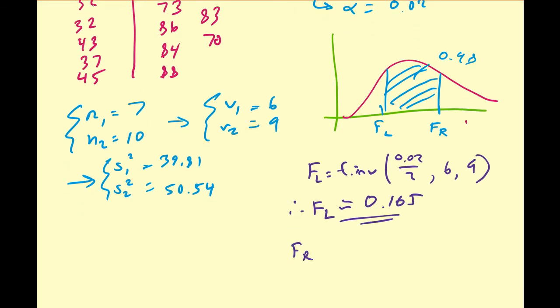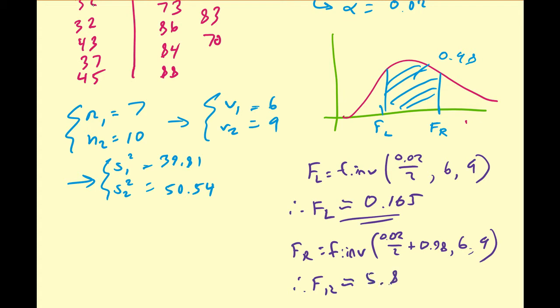So FR is going to be equal to F.INV of alpha over 2 plus C, comma, degrees of freedom for 1, degrees of freedom for the second. And make sure you stay in the same order for all of these. So once you do that, you're going to get FR is approximately equal to 5.802.